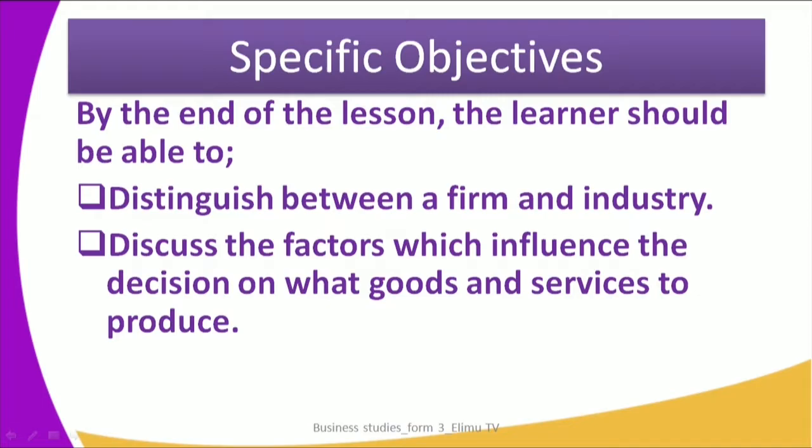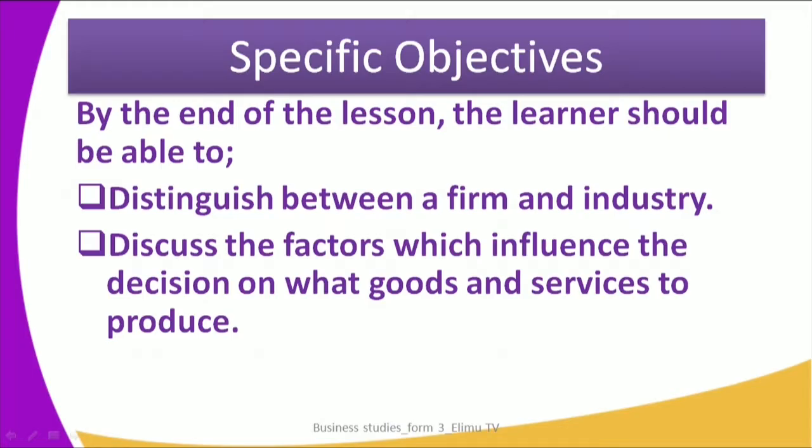So let's now look at the specific objectives for our lesson today. Before the end of the lesson, you should be able to, one, distinguish between a farm and an industry. So you should be in a position to give the differences between the two because they are not the same. The other one, you're supposed to discuss the factors which influence the decision on what goods and services to produce.